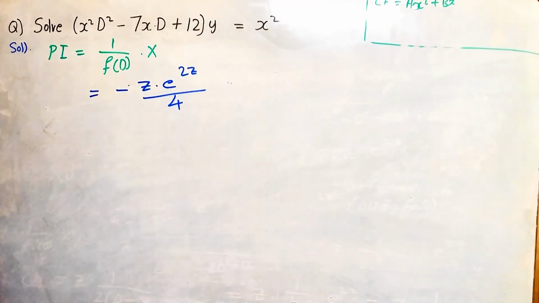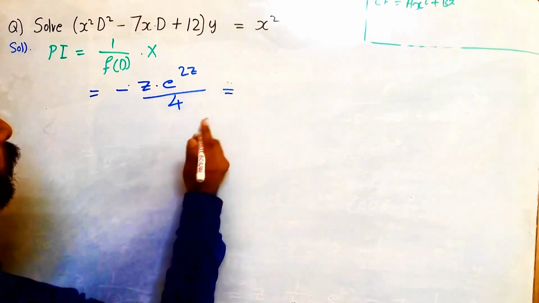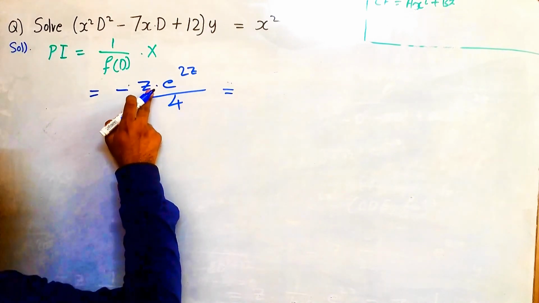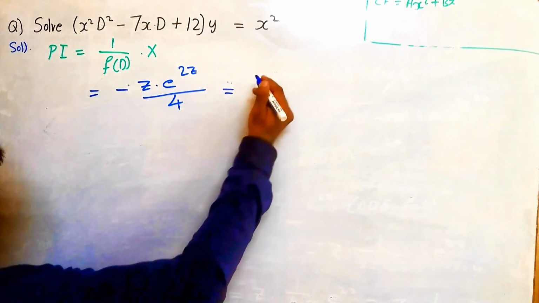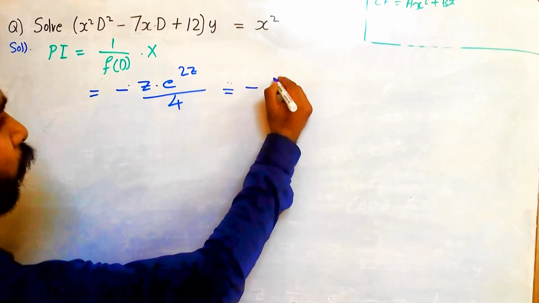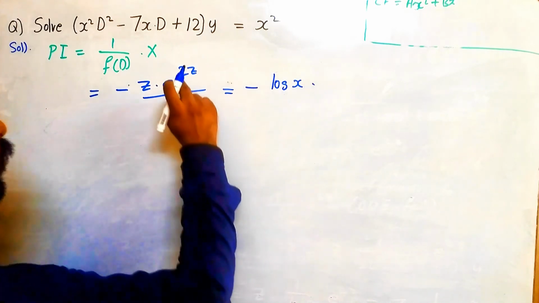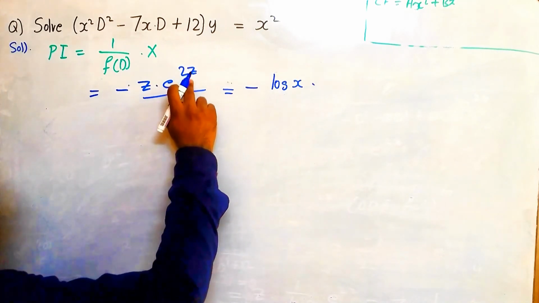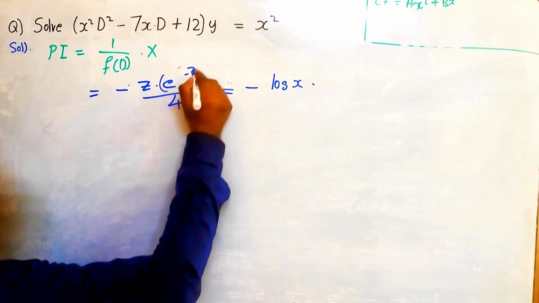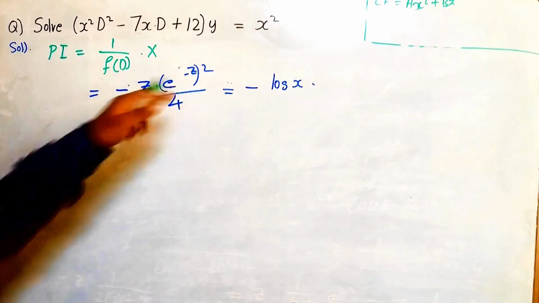Now it's time to replace these values by substitution, because we know z is equal to log x. We wrote this at the beginning of the problem, so we replace z by log x, into e to the power of z whole square. I can also write this as e to the power of z whole square, and we know e to the power of z is equal to x.